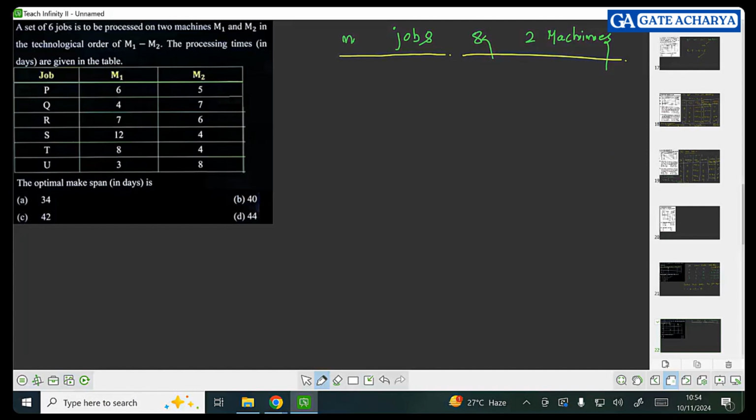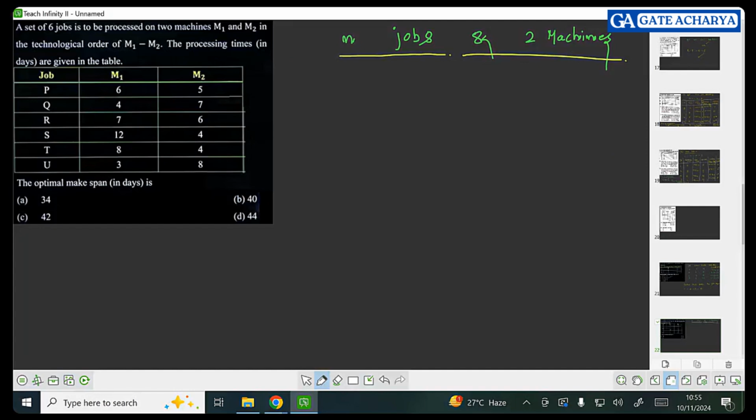Fine. Now here it is n jobs, two machines. Jobs are there and machine M1 and M2 are there. Right. Now I told you in the beginning, whenever you engage with n jobs one machine, EDD rule and SPT rule have to be considered. There you will get average flow time, average tardiness, and also average lateness.